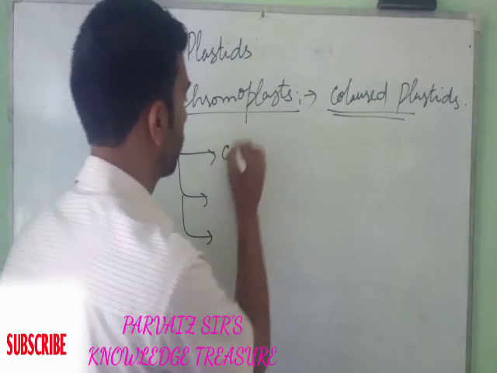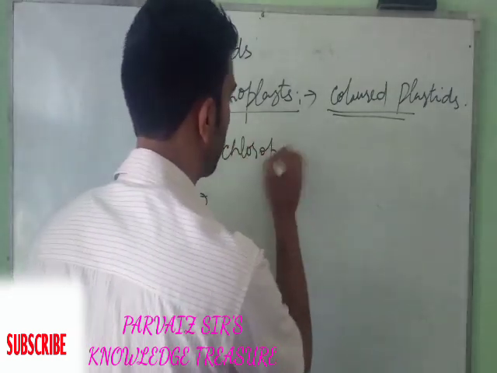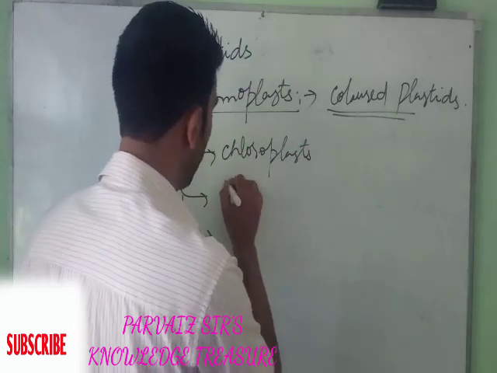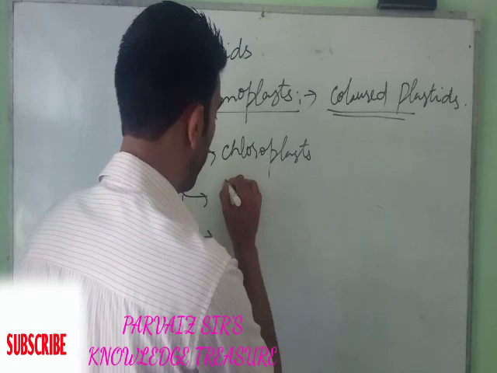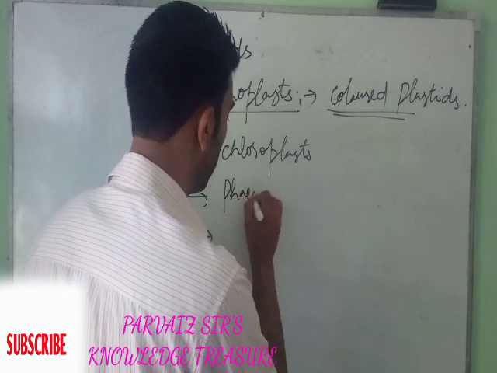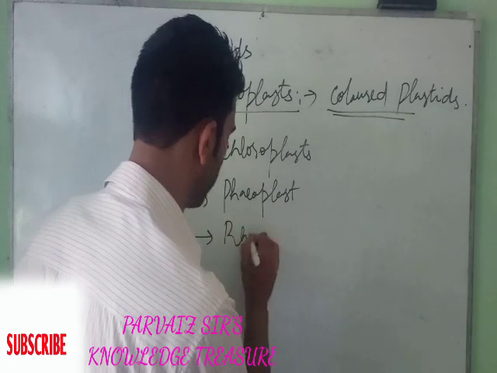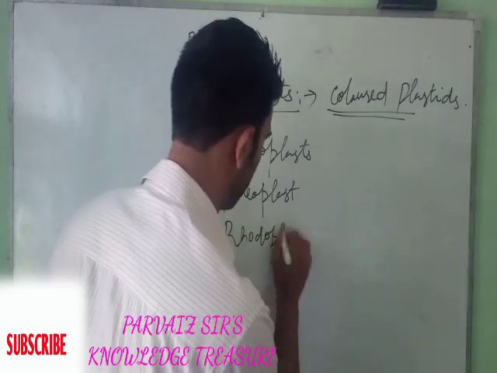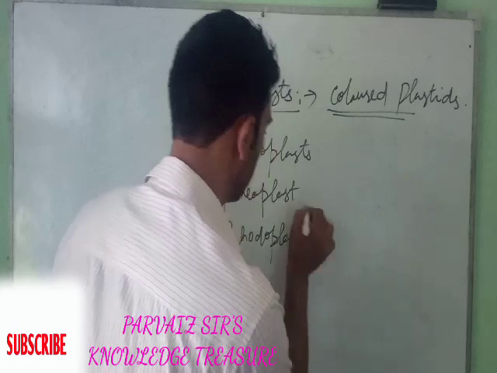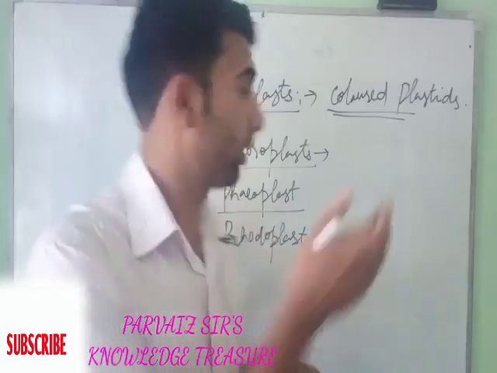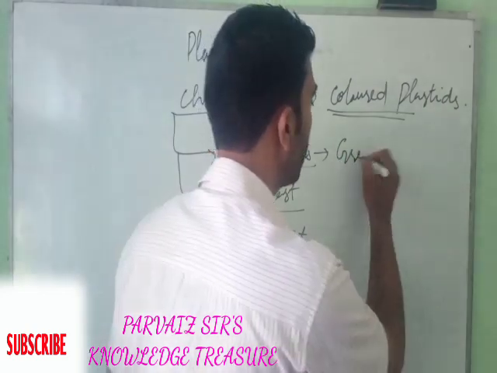Number one is chloroplasts, number two is pheoplasts and rhodoplasts. Chloroplast, as we all know, contains green pigment.